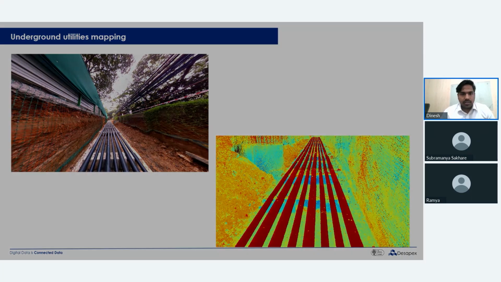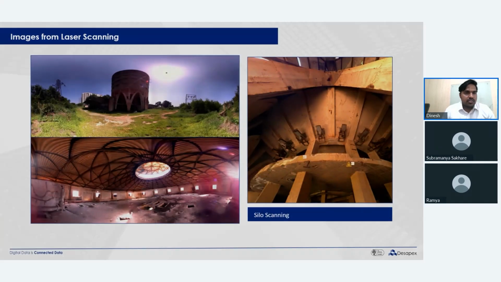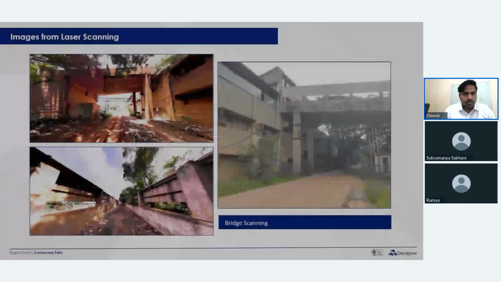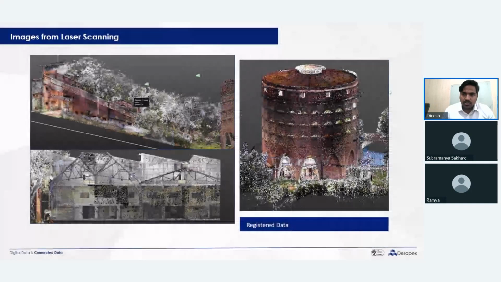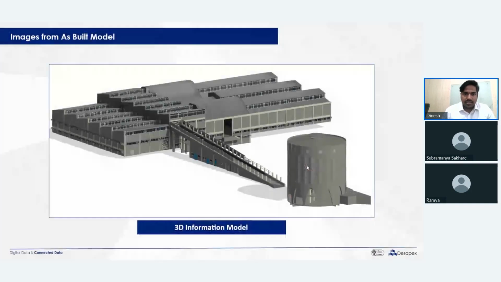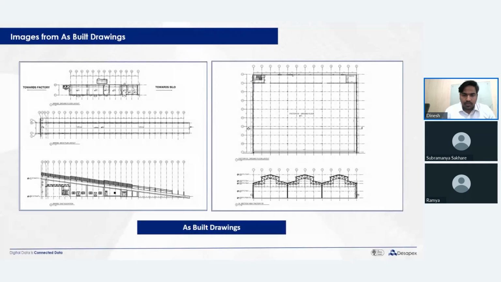These are some images from executed projects. This is the registered point cloud data, and the model is developed from the point cloud data. These are some of the drawings extracted from the model.